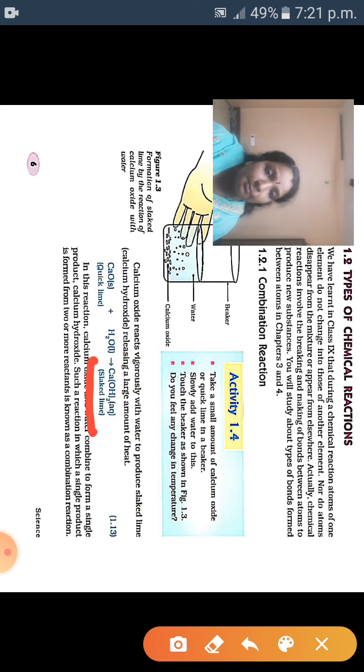So, calcium oxide reacts with water to form calcium hydroxide and releases some heat. So, this reaction is an exothermic process.